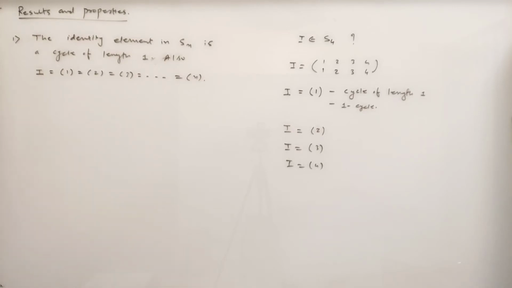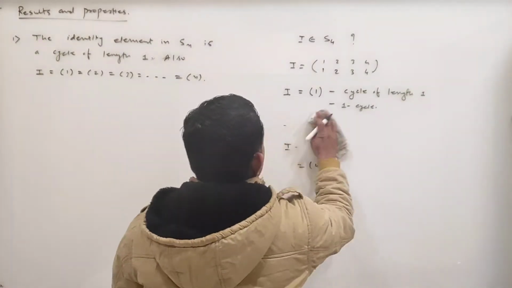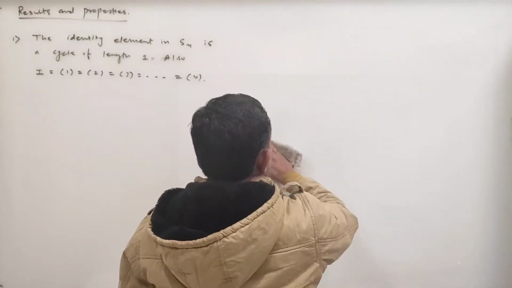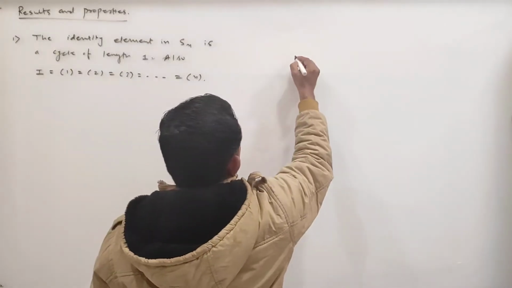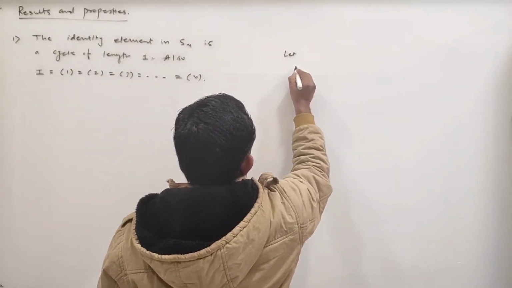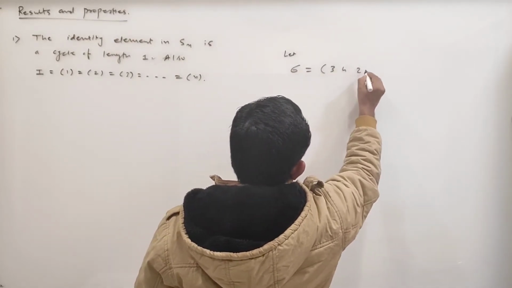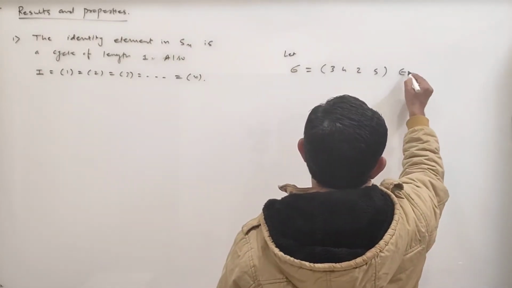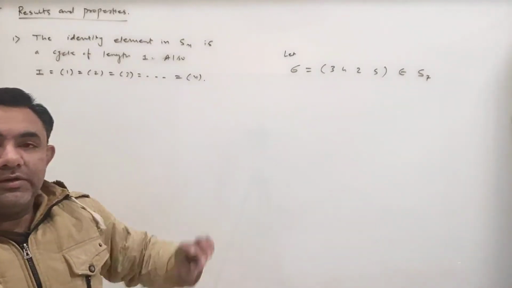Now let me consider one cycle. Let's say sigma is equal to 3 goes to 4 goes to 2 goes to 5, and this is an element of S7, right?